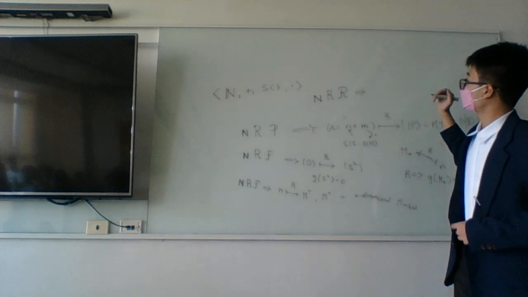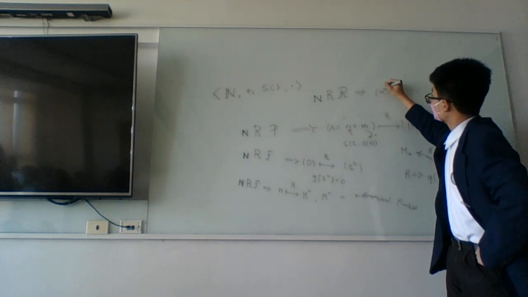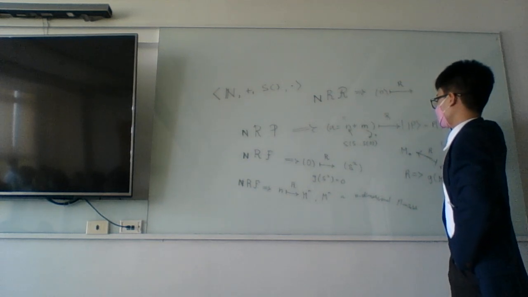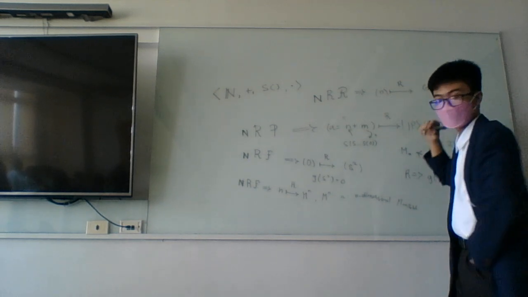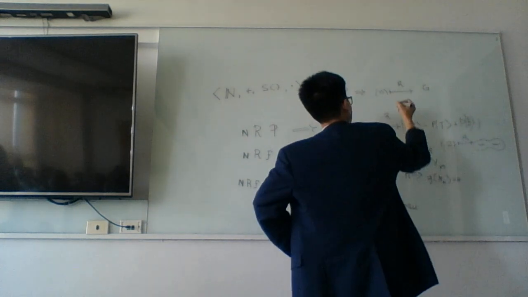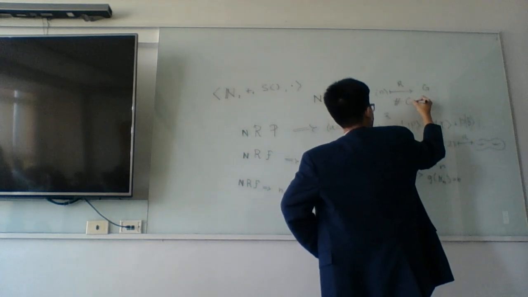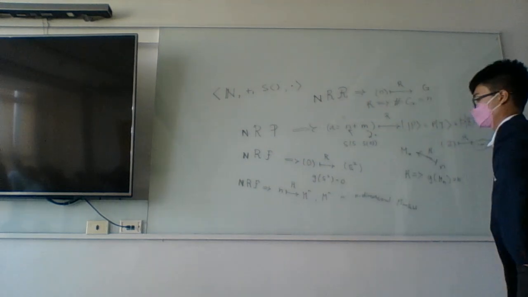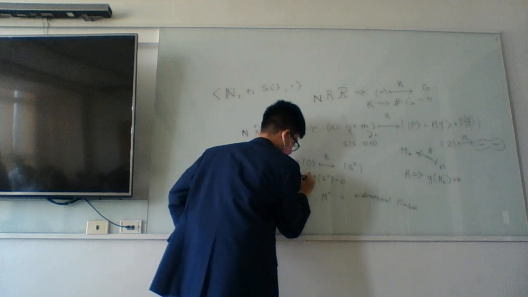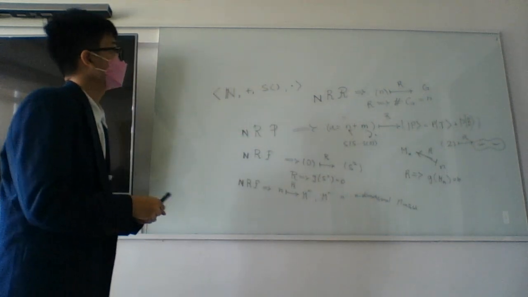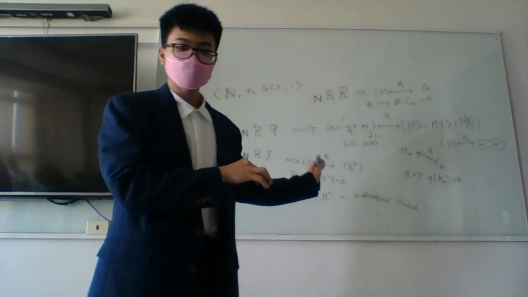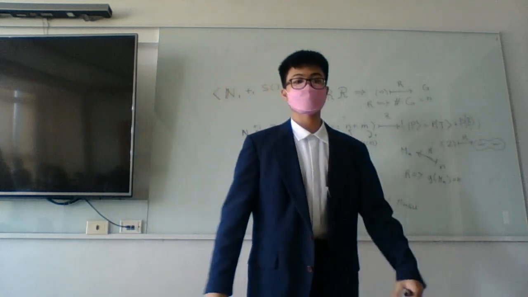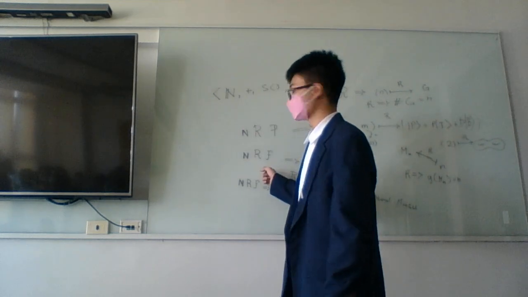So n is taken by R to a graph G, or a relationship G, where the number of vertices of G equals n. So there's just one snippet of the applications of natural numbers to our theories.